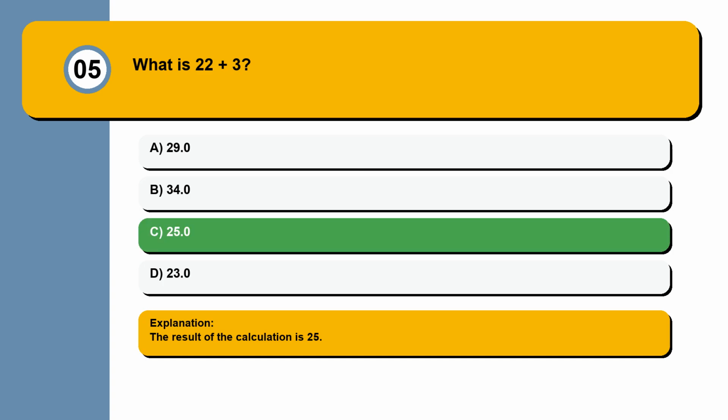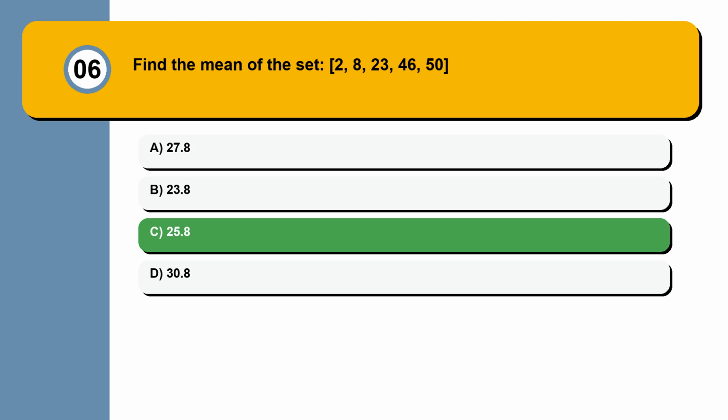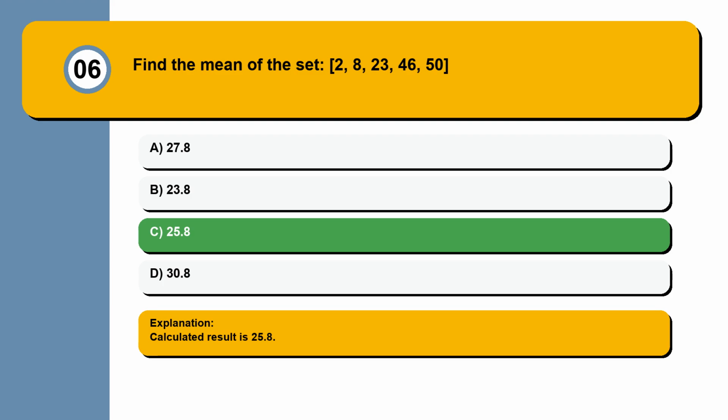The result is 25. Question 6. Find the mean of the set 2, 8, 23, 46, 50. Options: 27.8, 23.8, 25.8, 30.8. Calculated result is 25.8.